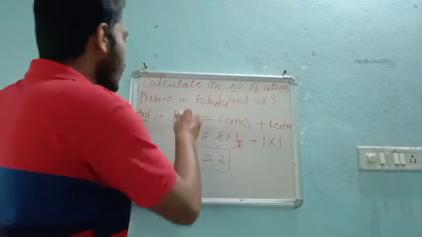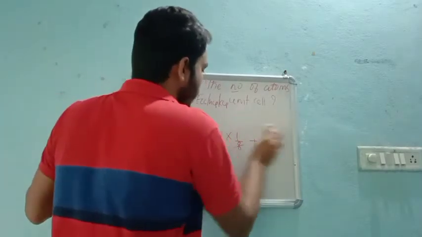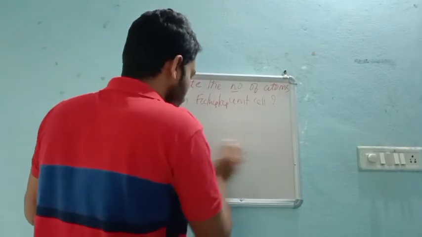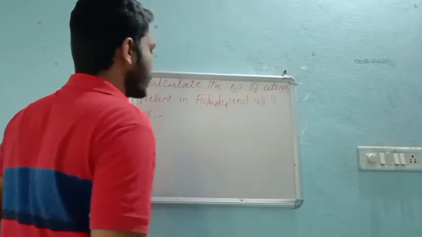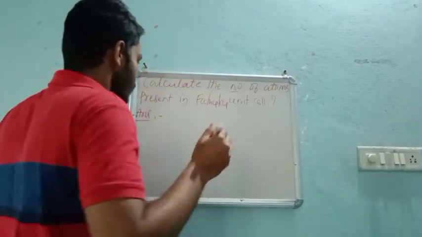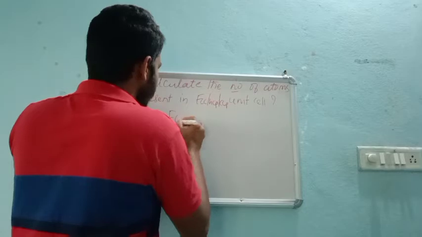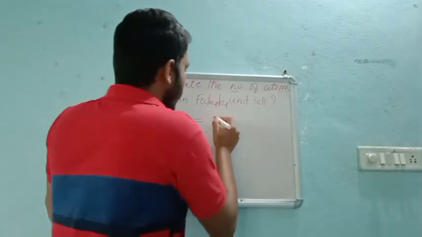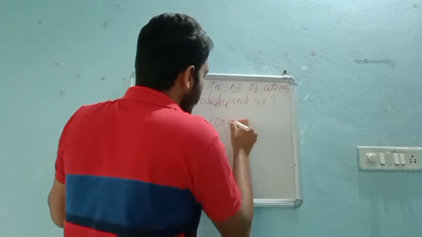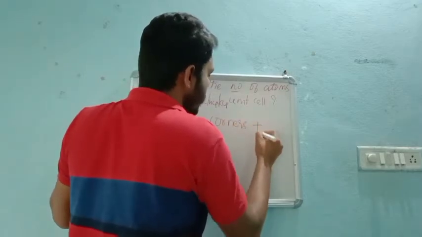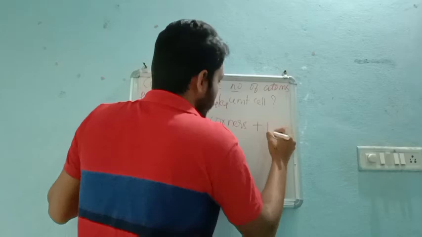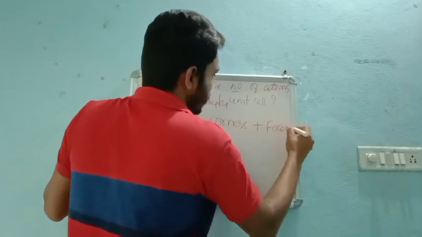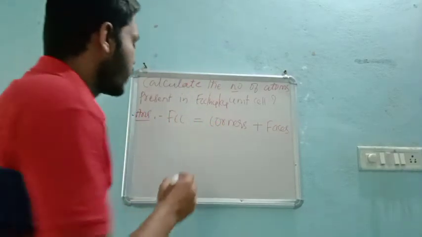Now in case of FCC, again we should know the number of atoms as well as the contribution. FCC means the constituent particles are present at the corners as well as at the faces. So how many corners?